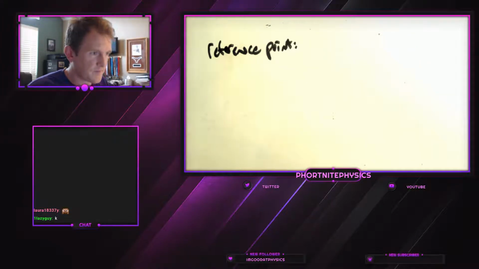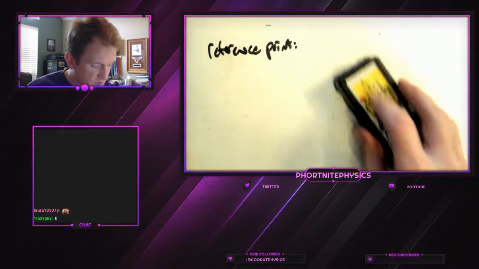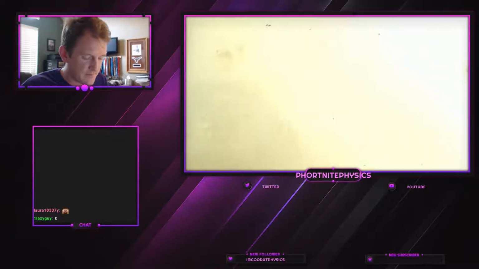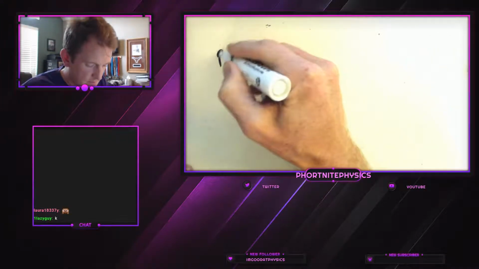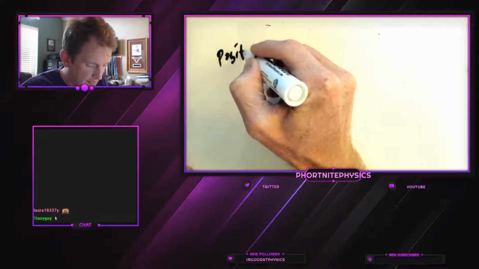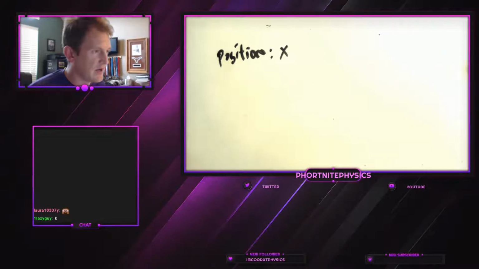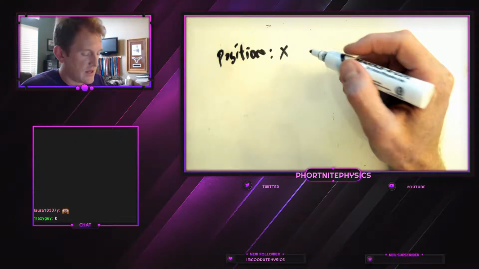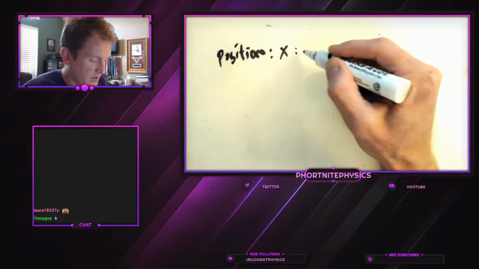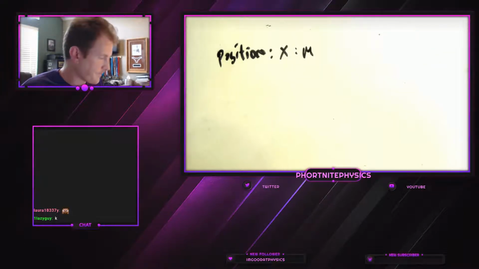Now, position. So let's go ahead and erase this. Position, on the other hand. We indicate it with the letter X, and our common unit for it is the meter.